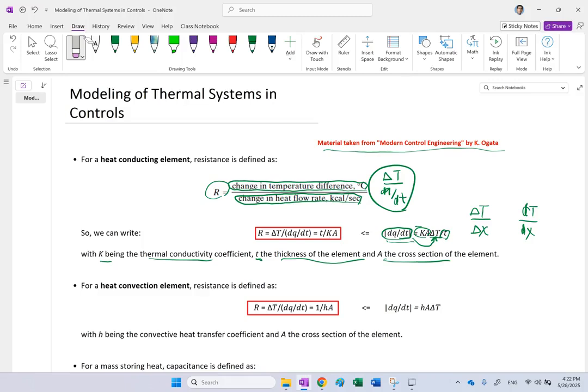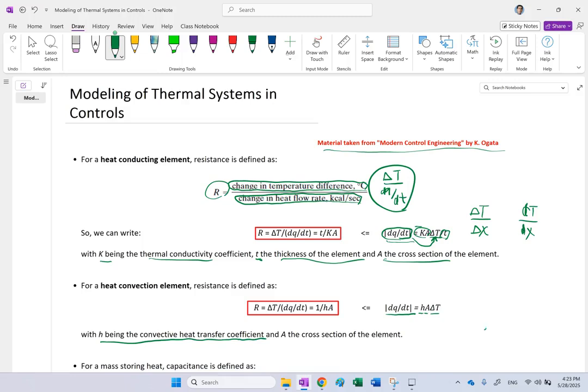Now for heat convection, as you remember, the heat flow rate is, in magnitude, equal to H times A times delta T, where H is called the convective heat transfer coefficient.